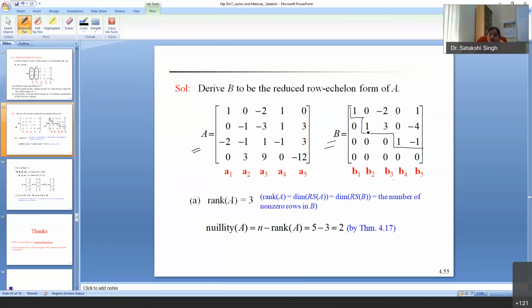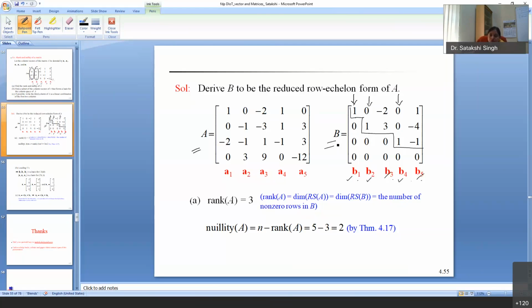Now how would you check which of the vectors are linearly independent here, which are having the leading entries on each step? So this vector, that is vector b1, then this vector b2, next vector b4. Only these three vectors are linearly independent. The other two vectors b3 and b5 are dependent upon these three vectors b1, b2, b4, and correspondingly you will check what the original vectors are.